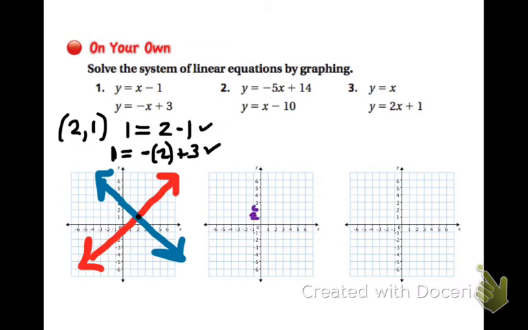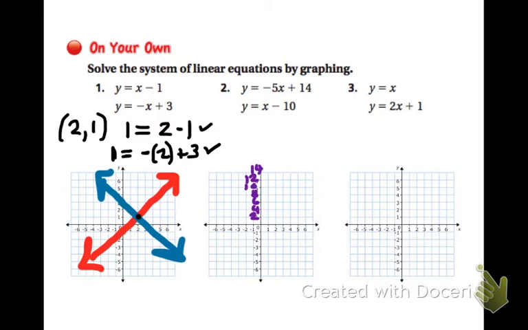So I'll have 2, 4, 6, 8, 10, 12, and 14 would be that very top blue line. The same would happen going down. So I'll do my best to label these.